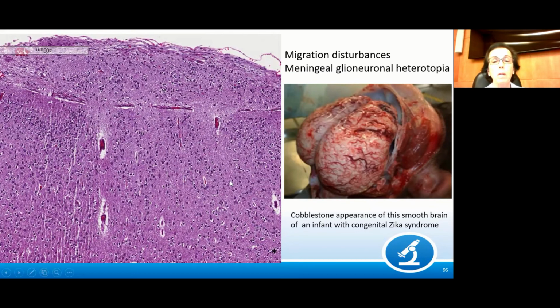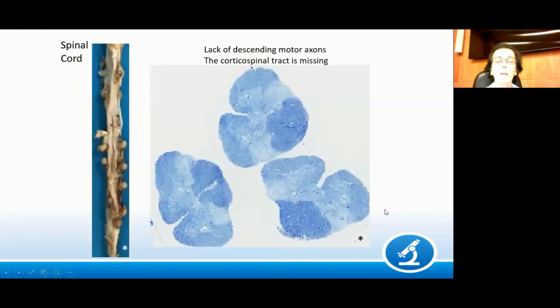So there is this over-migration towards the pia, which is responsible for this cobblestone appearance of this lissencephalic brain. Also, the spinal cord is usually thin, but it's thin because the root ganglia are normal. It is thin because there are no descending motor axons. Therefore, the lateral corticospinal tract is absent.